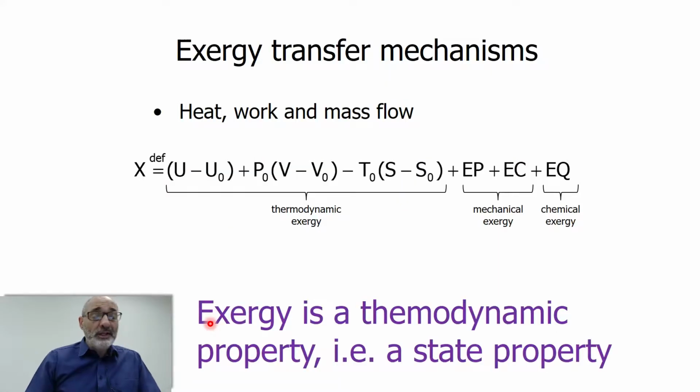So let's analyze how exergy, because we just obtained a definition of exergy for open systems, and we also obtained a definition for what we're calling second law efficiency. So let's see how exergy can be transferred to and from a system.